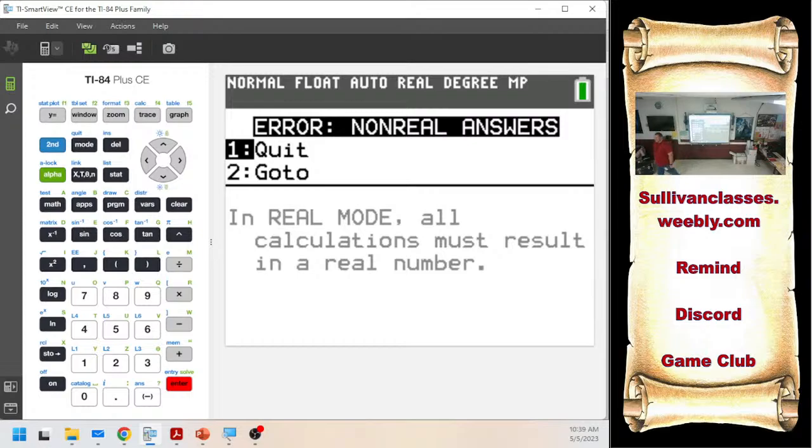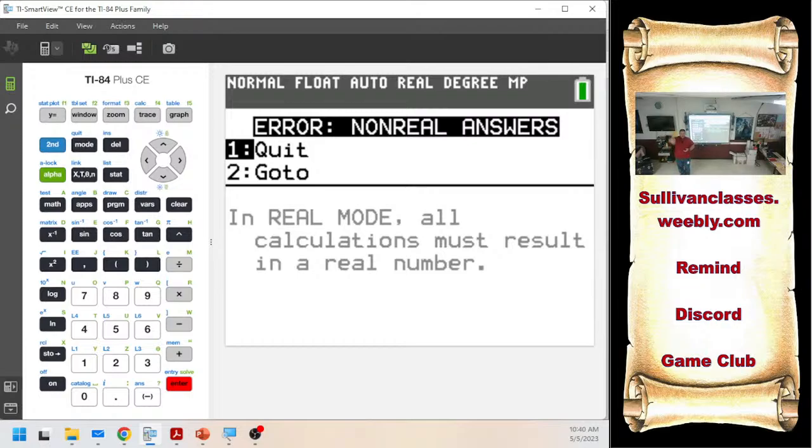Right? I want you to think about this. Non-real answers. You've heard me say this a few times. There are such things as imaginary numbers. Some of your calculators, if you've got a nicer scientific calculator, will say i root of 15.